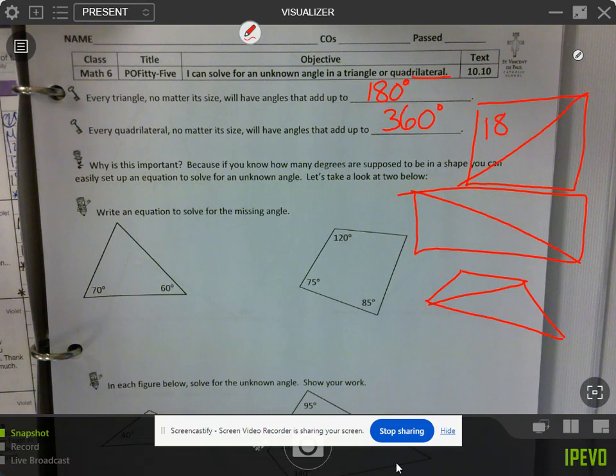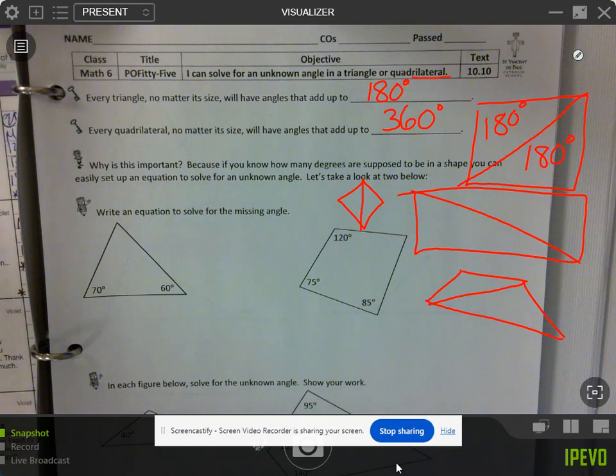Each triangle is 180 degrees. 180 plus 180 is 360. No matter what quadrilateral shape we have, we break it in half, we get two triangles. We know triangles angles always equal 180. So quadrilaterals angles always equal 360 degrees.